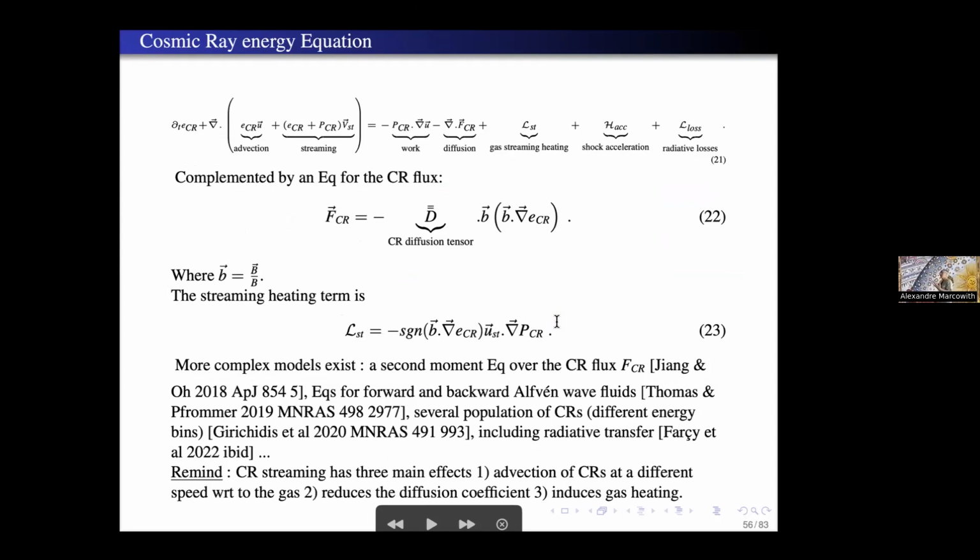People usually use one value if they are considering one population of cosmic rays. It's possible to have more complex models, with different populations of cosmic rays, like Philippe Girichidis does. But let's take one. Usually they implement one diffusion coefficient, typically 10^28 cm^2 per second, and look at what happens.